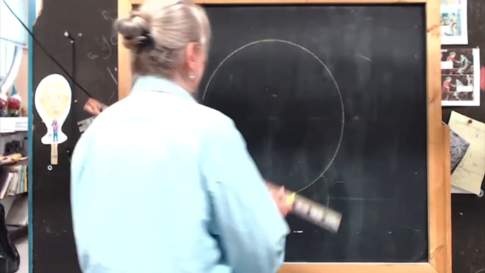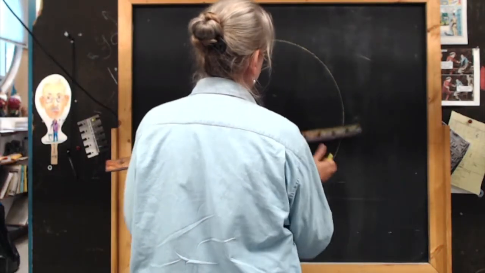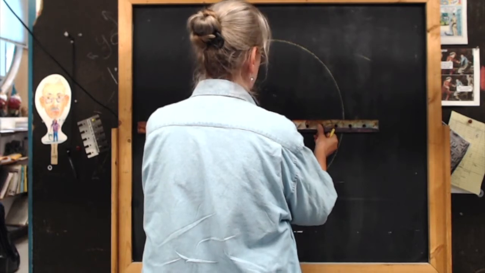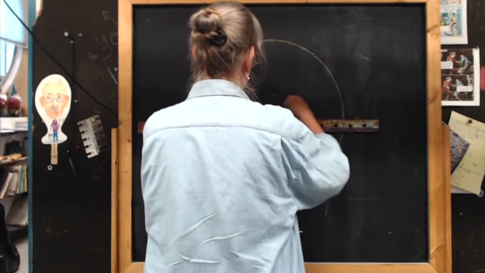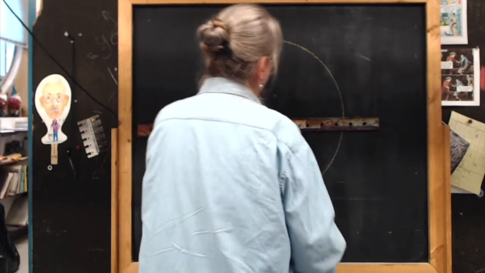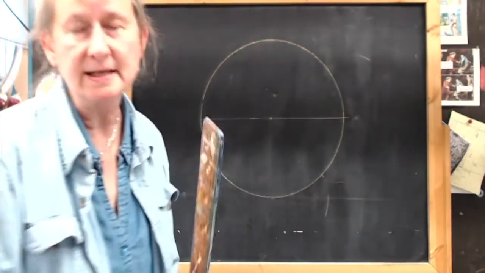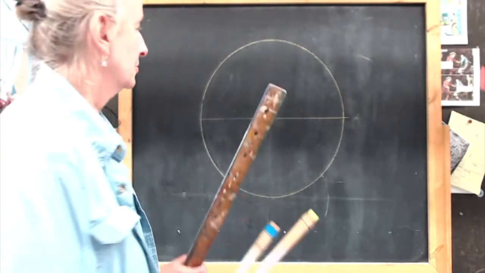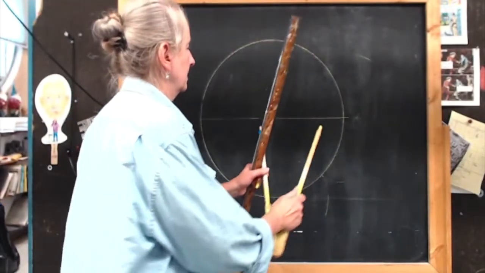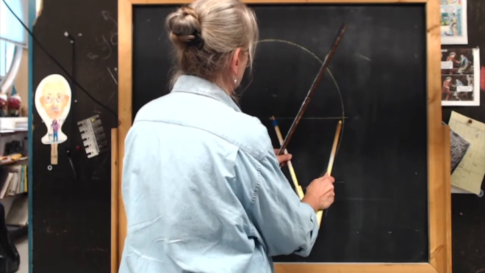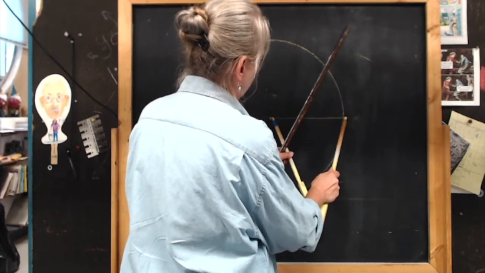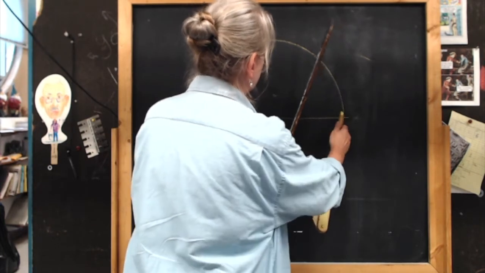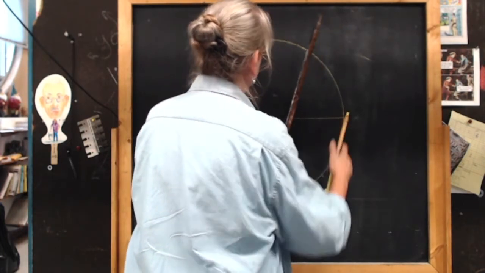We're going to go ahead and I've got my compass point right here. Now I'm actually not going to bisect the line this time, okay? I am going to use the radius of this circle to find a hexagon. There we go.